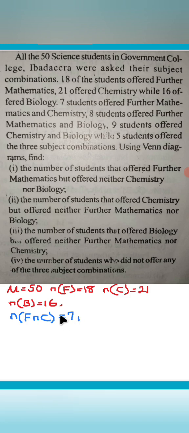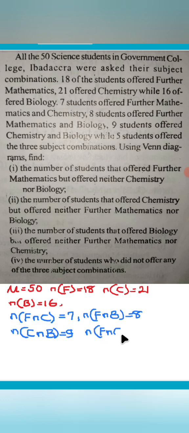Also, 8 students offered further mathematics and biology. So the number of F intersection B is equal to 8. And 9 students offered chemistry and biology, so the number of C intersection B is equal to 9. And lastly, 5 students offered all 3 subjects, which means the number of F intersection C intersection B is equal to 5.